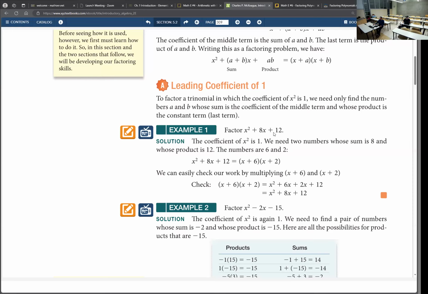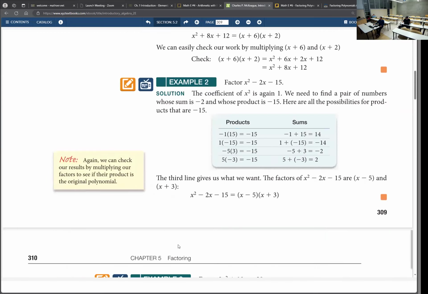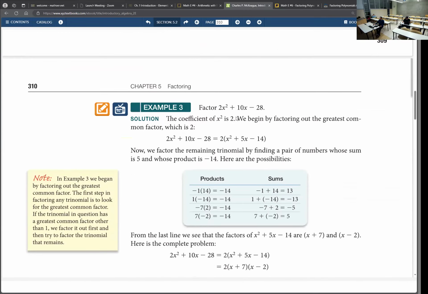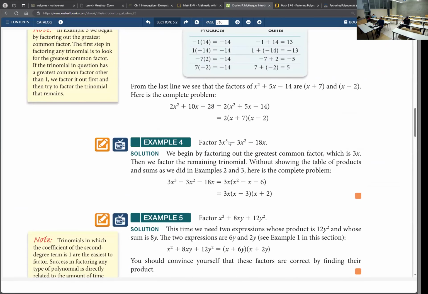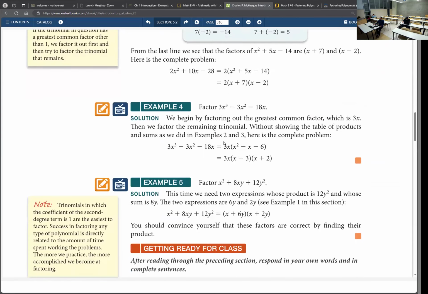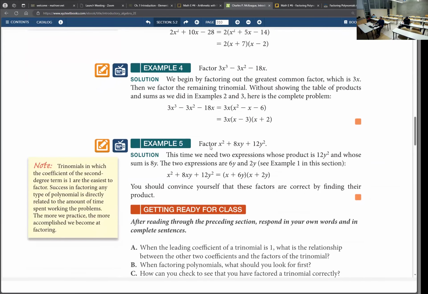So we want two numbers that multiply to 12 and add to 8. Well, 6 and 2 will work, and they show you that process, and so on. They do one with a negative. They do one with a positive and a negative, just to get through all the different combinations of positive to negative. They also do something harder than the GED in this example 5.